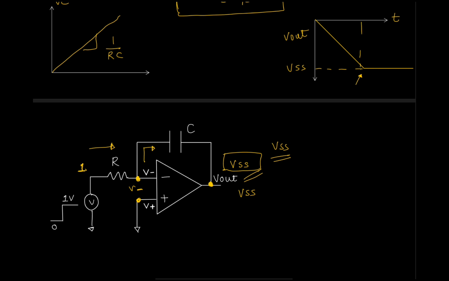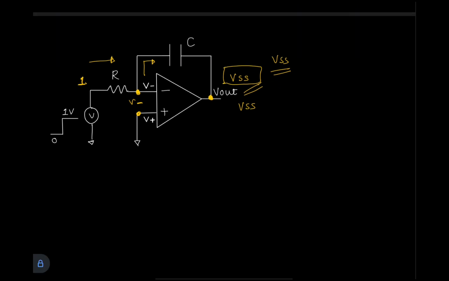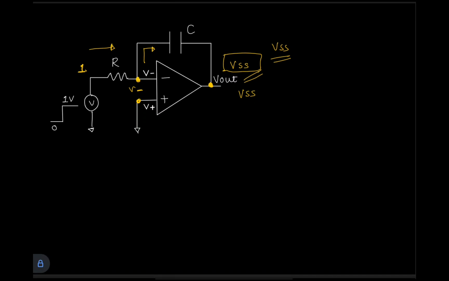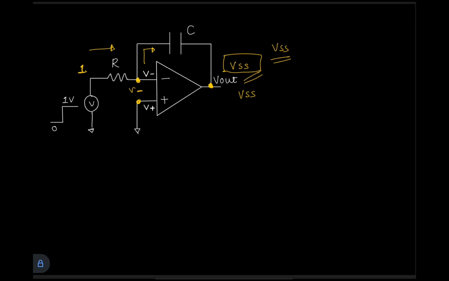So let's consider at T1. At T1, V minus will start to increase, so as to keep increasing the VC. So what is VC?